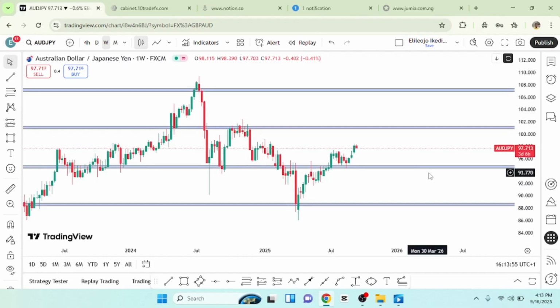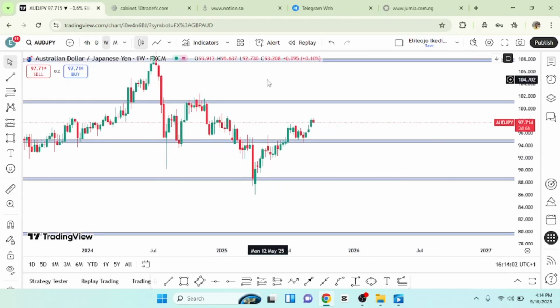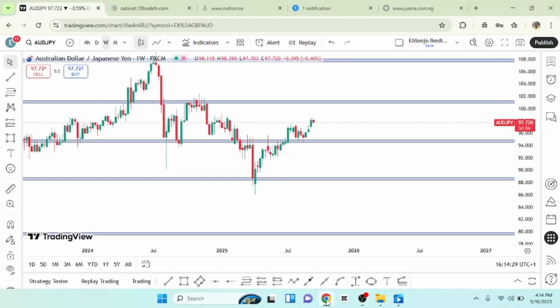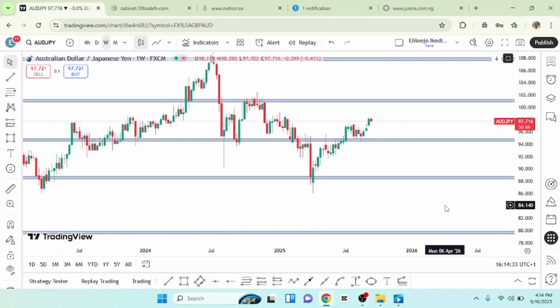So when I finish doing my levels on the monthly time frame, I like to scale down to the weekly time frame to see if there are any minor levels that I missed.